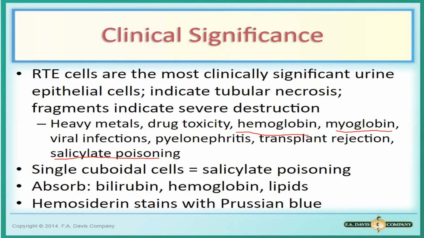Kapag po may salicylate poisoning, you can see increase in single cuboidal cells. It could be also because of infections due to viral infections and pyelonephritis.